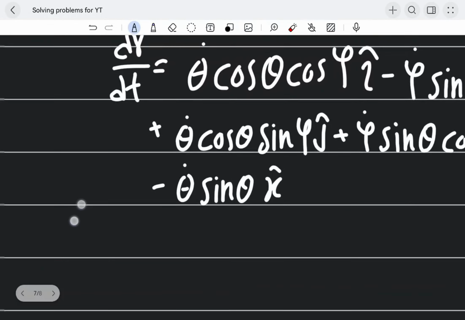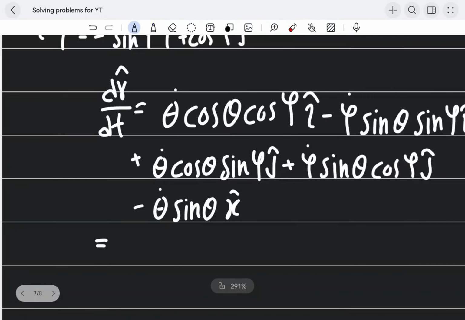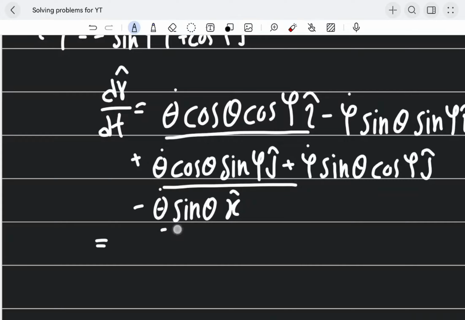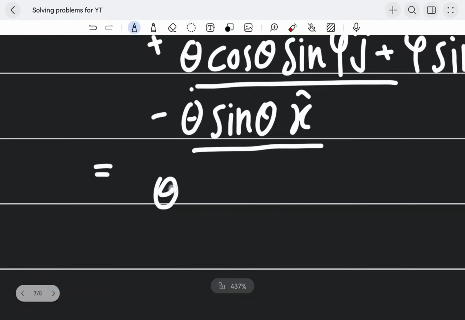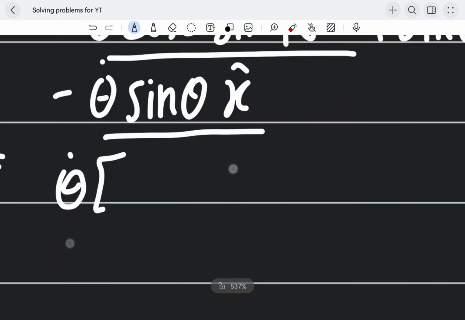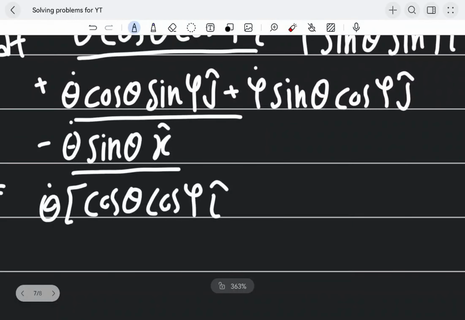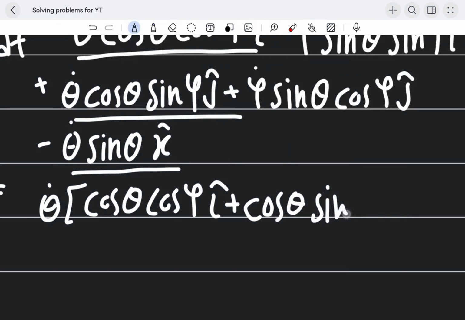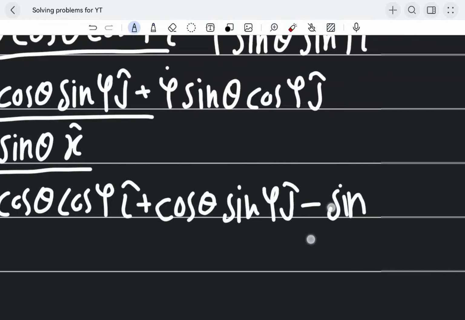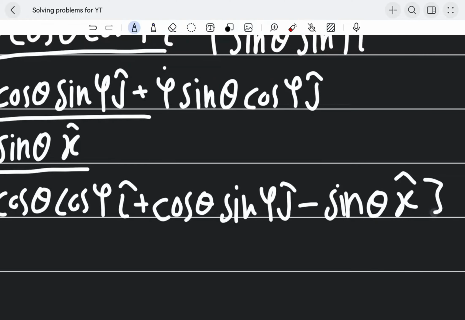To simplify this expression, we will take the terms that have theta dot and take theta dot as a common factor. Theta dot times cosine theta cosine phi i hat plus cosine theta sine phi j hat minus sine theta k hat.